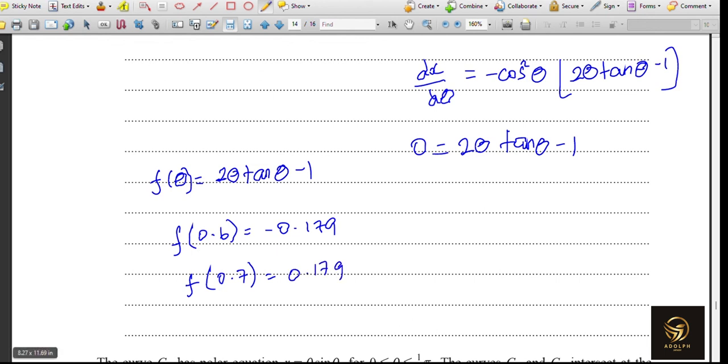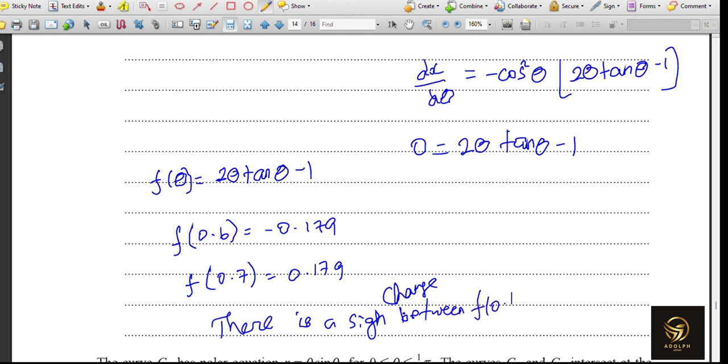It's positive, so we can say that there is a sign change between f of 0.6 and f of 0.7. So the root lies between 0.6 and 0.7.